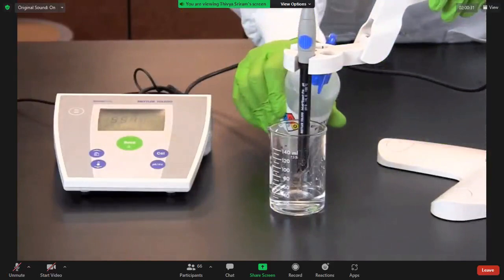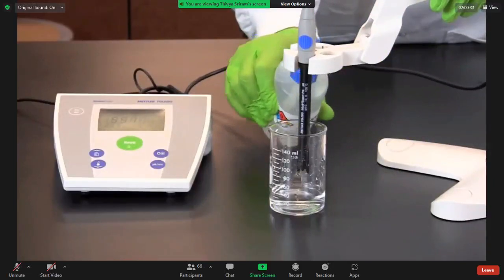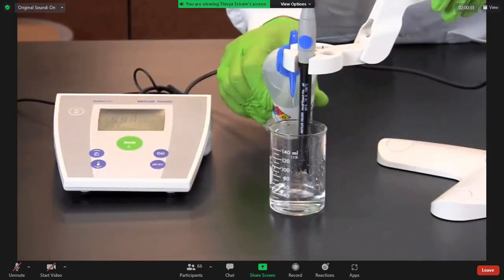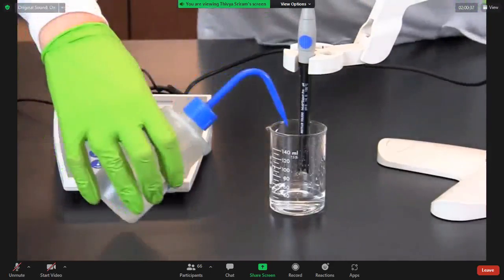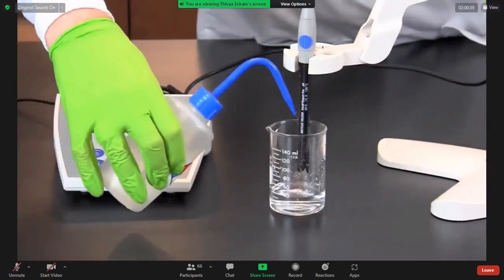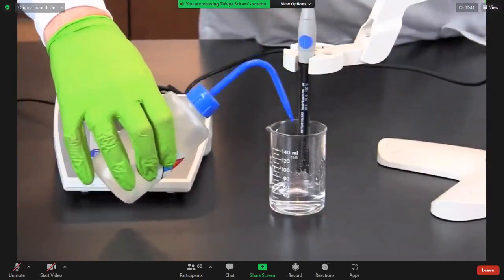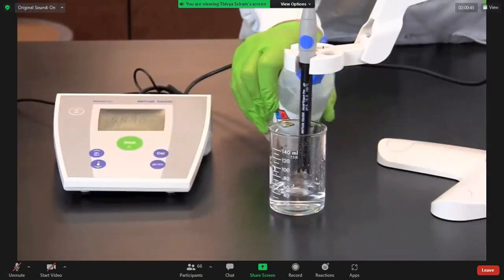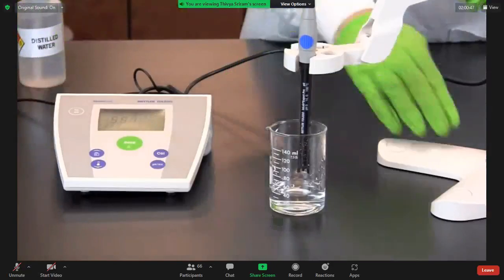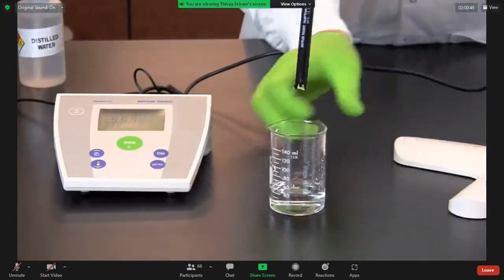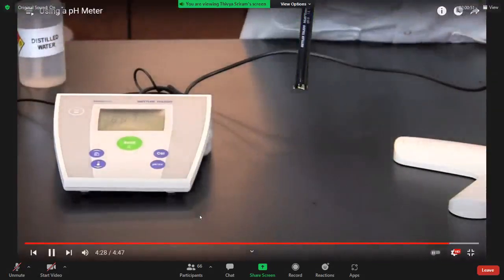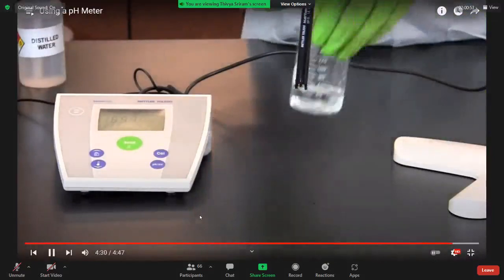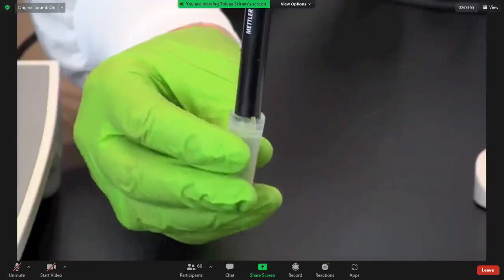Once again, rinse the electrode with distilled water. If this is your final sample, replace the protective electrode cap for storage.